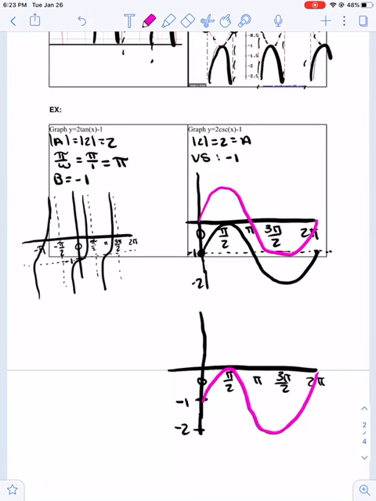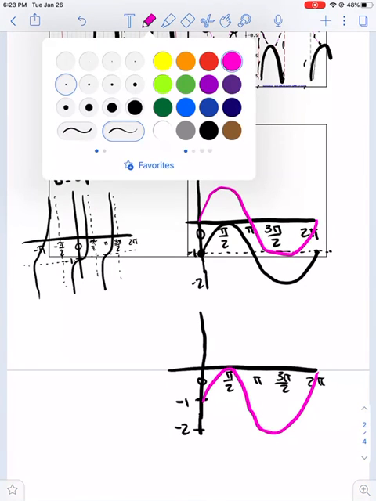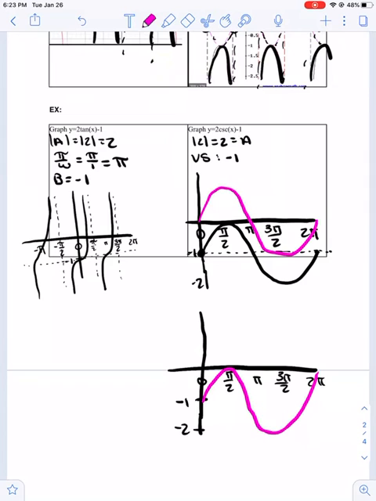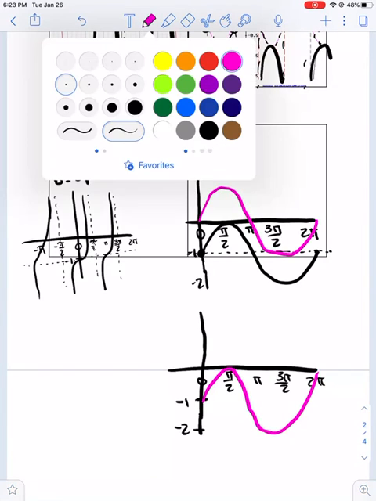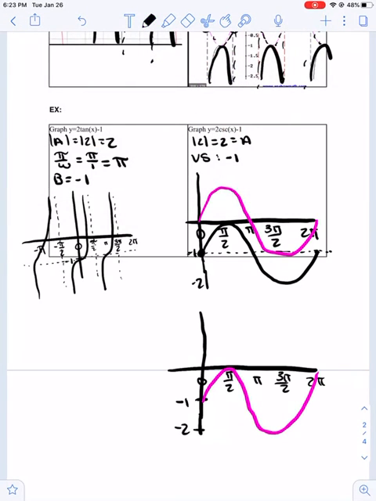And then we have now an amplitude change, and so the amplitude is 2. So we just need to make this 2 more units up and down. And so if it was 2 more units up, we'd go from -1, 0, 1. And then 2 more units down, our lowest is -2.